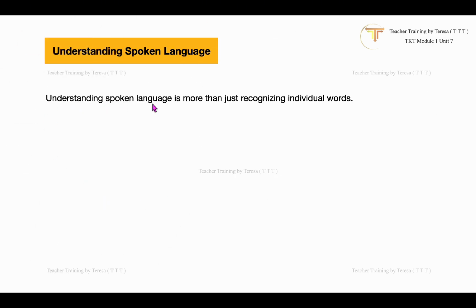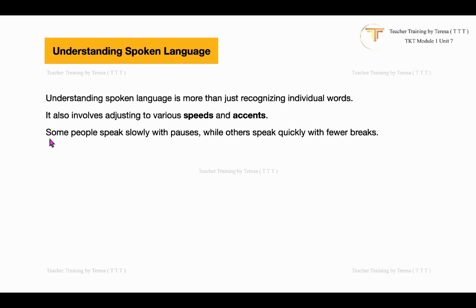Understanding spoken language is more than just recognizing individual words. It also involves adjusting to various speeds and accents. Some people speak slowly with pauses, while others speak quickly with fewer breaks.